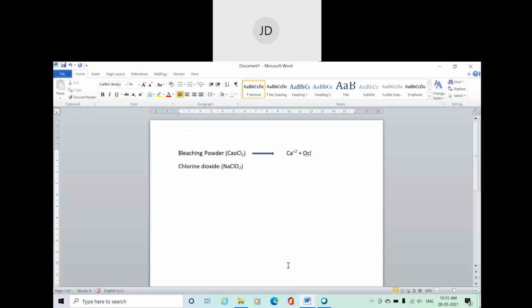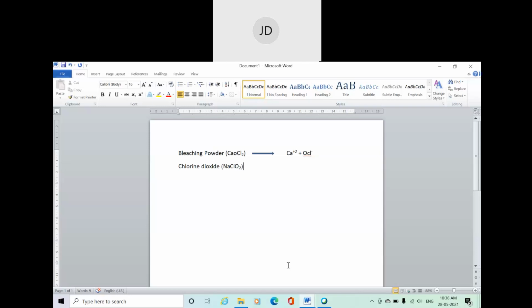Then solar disinfection: keep your water in the open atmosphere, and in the presence of sun energy you can improve the quality of water.